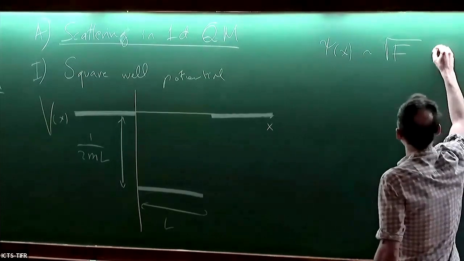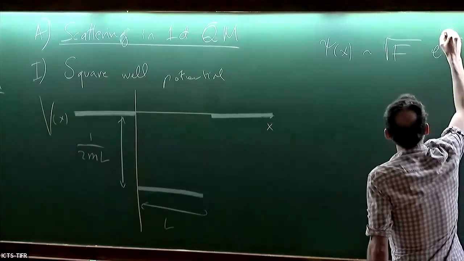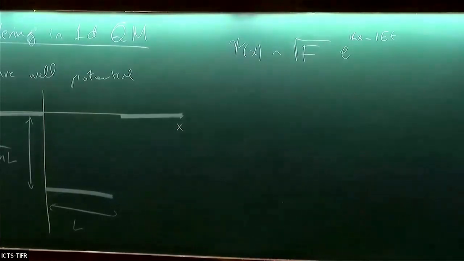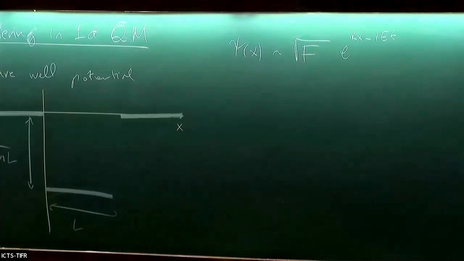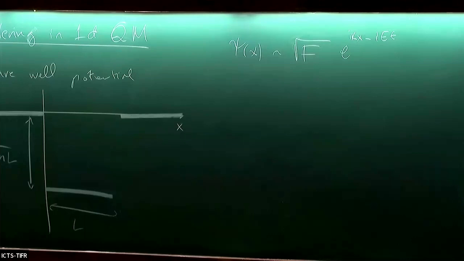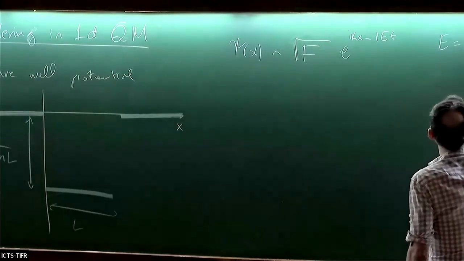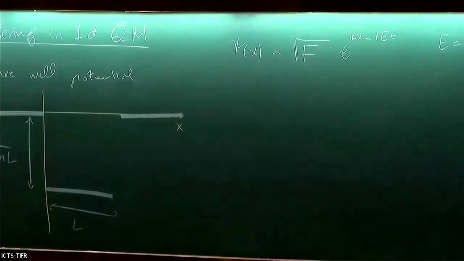And of course, it's just the solution for a free particle, moving to your right. So it's e to the i k x minus energy times time. All of this is in natural units, so there's no h-bar to be found in here. As you know, the energy will be just k squared over 2m, so that's the free particle coming from the left. And now we're going to solve the Schrodinger equation for that.